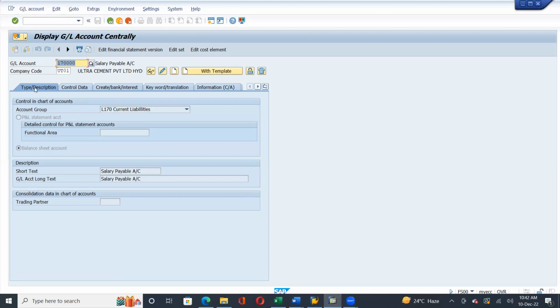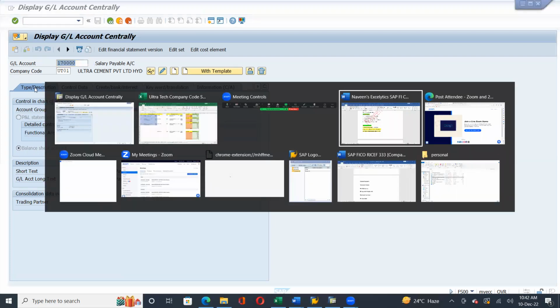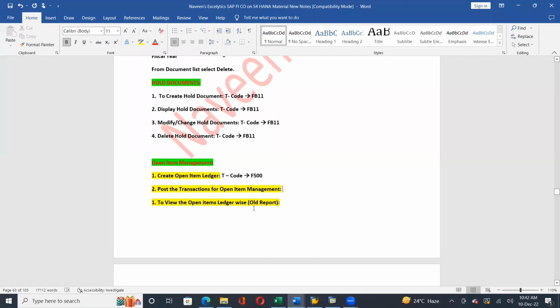We have already done single screen postings. We will see it first. Here I have mentioned posted document, so write down: post the transactions for open item management. The transaction code for single screen, I have already given the path, right?